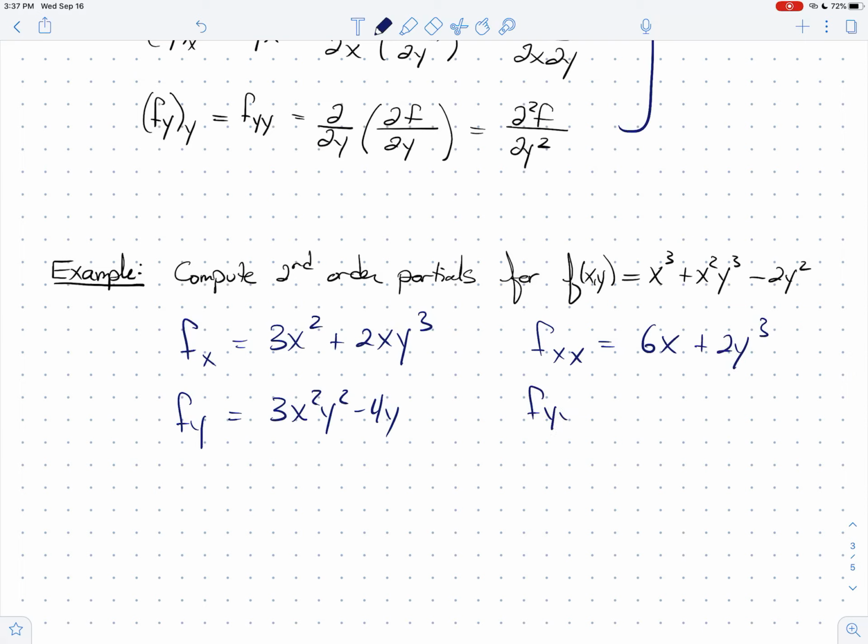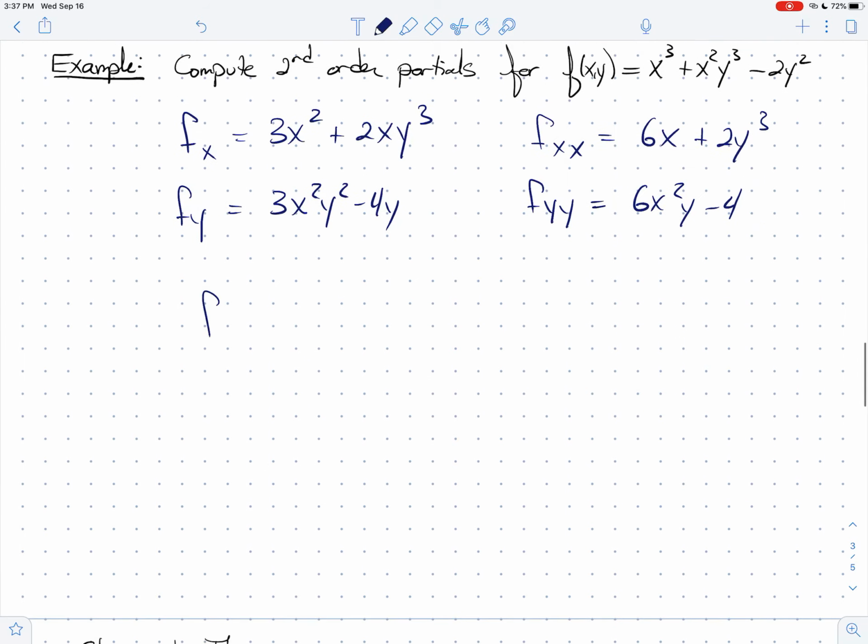I'm going to get f partial y partial y. That's going to be 6x squared y minus 4. I can talk about f partial x partial y. So looking here, taking the derivative of this with respect to y, you're going to get just 6xy squared.